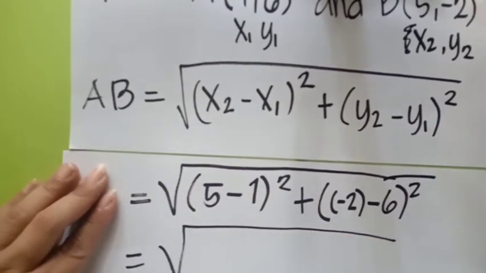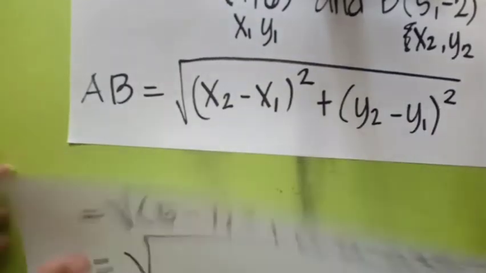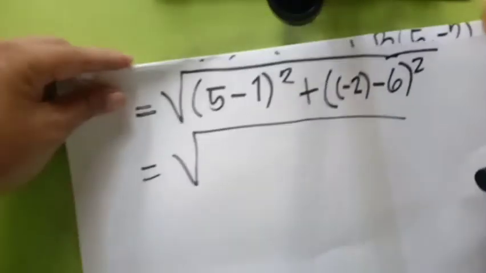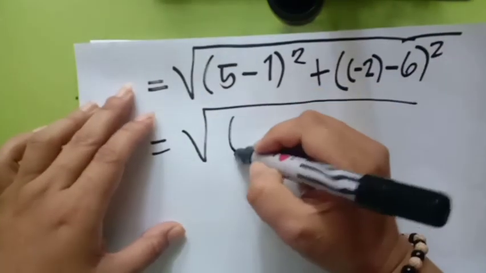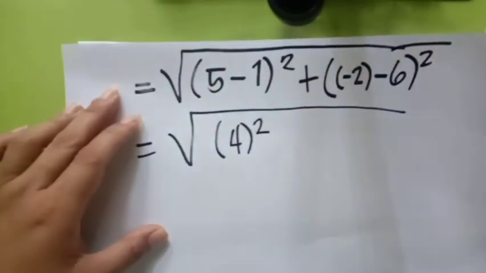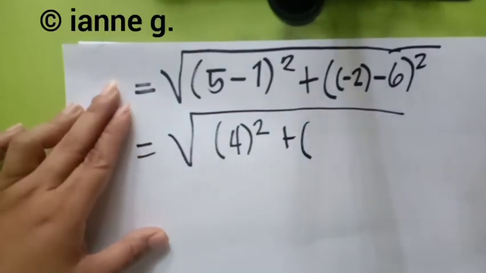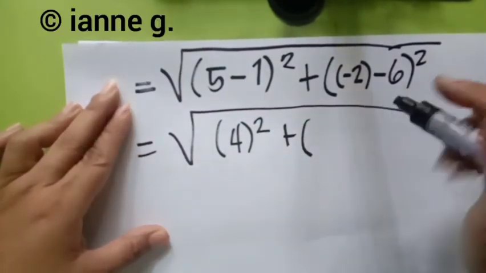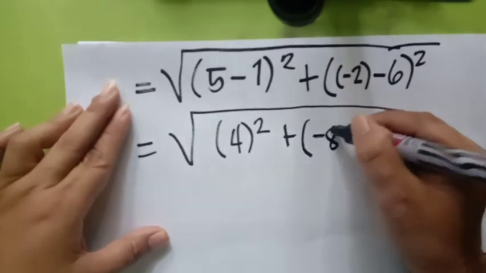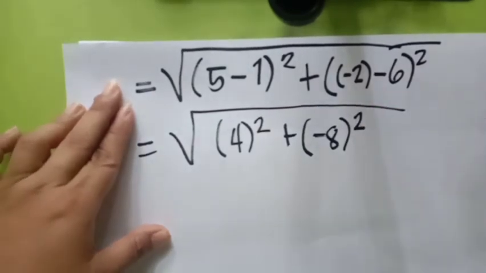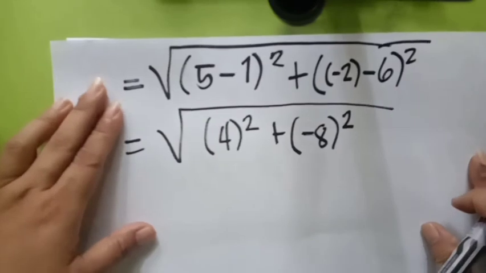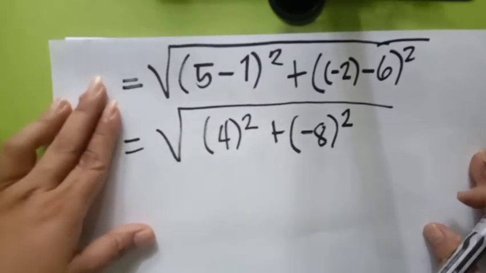Then, simplify natin siya. 5 minus 1 is 4. So, that will be 4 quantity squared. Plus, what is negative 2 minus 6? Negative 2 minus 6 is negative 8. So, negative 8 quantity squared. So, reminder lamang dun sa mga nahihirapan sa mga signed numbers.